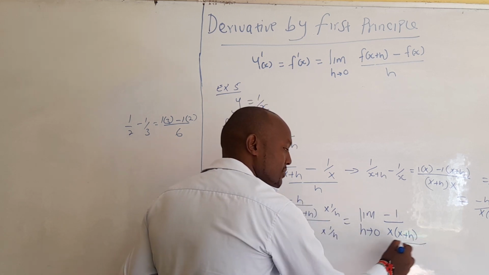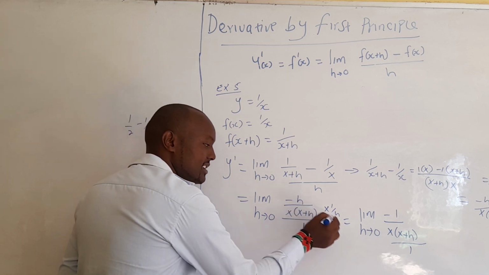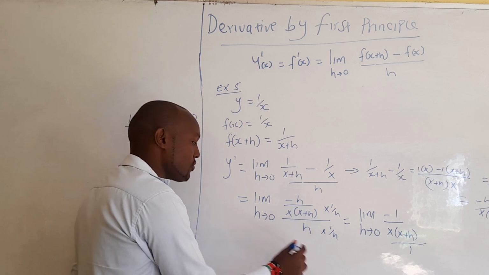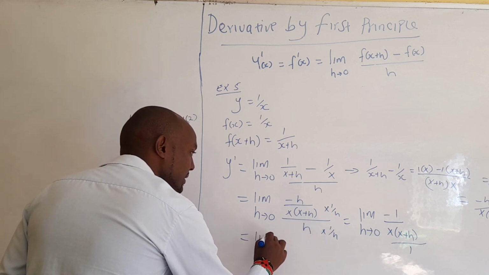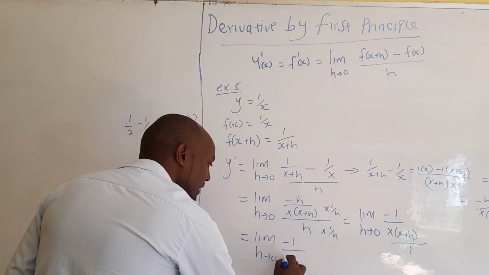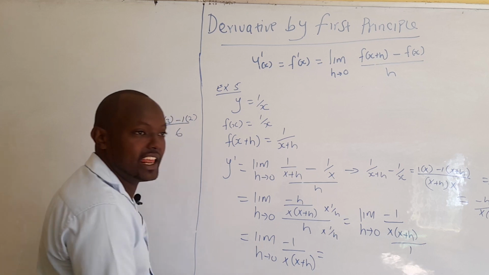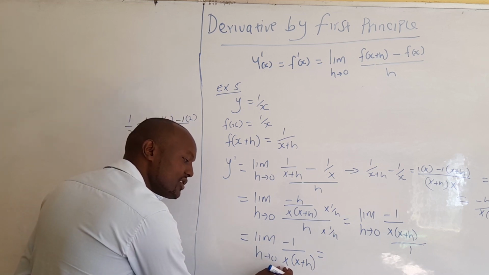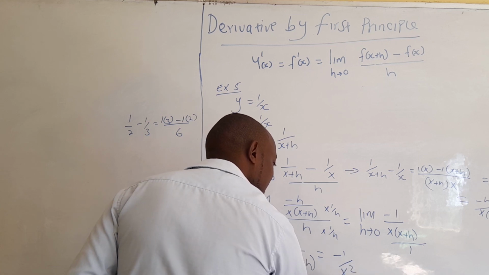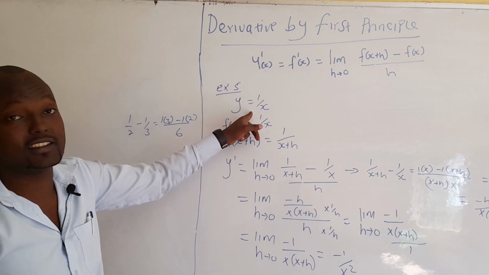I know the denominator will be all over 1, there is no need of writing that. We have multiplied with 1 over h, so that this h and that one will cancel, and the denominator is 1. So it is equal to limit as h approaches 0 of minus 1 all over x plus h. And now, with direct substitution, when you replace h with 0, you will get minus 1 all over x squared. And that's the derivative of 1 over x.